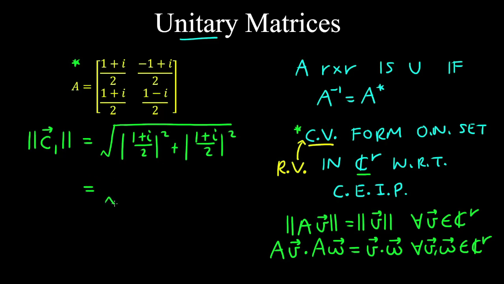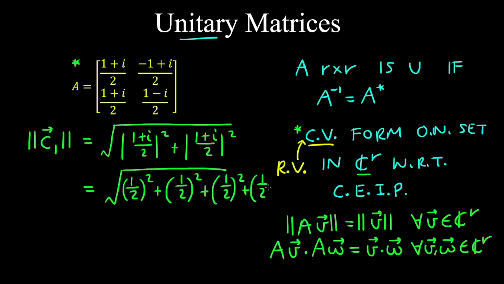So that's equal to the square root of 1/2 squared plus 1/2 squared. And you'll get the same result for the second term. So here we'd get the square root of 1/4 plus 1/4, or the square root of 1, which gives 1.